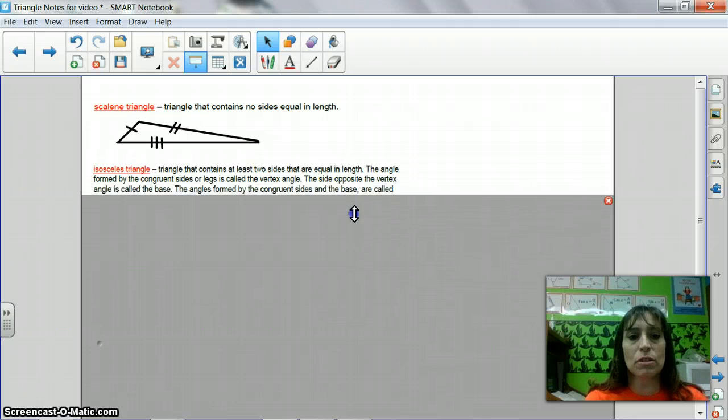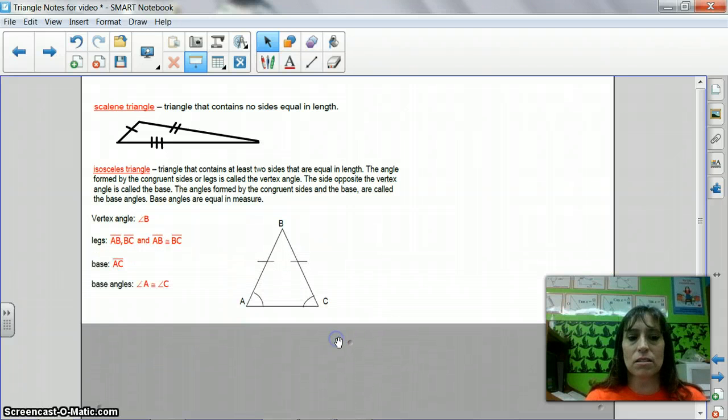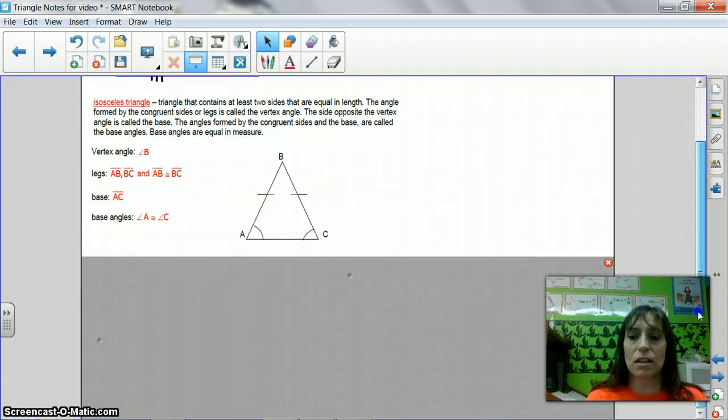All right, the next one is isosceles. And the great thing about isosceles is you know that at least two sides are the same. Okay, so BC and AB are the same, but also their base angles are the same. So down here, angle C has to be the same as angle A. All right, that's isosceles.